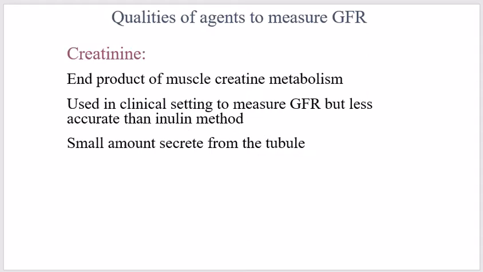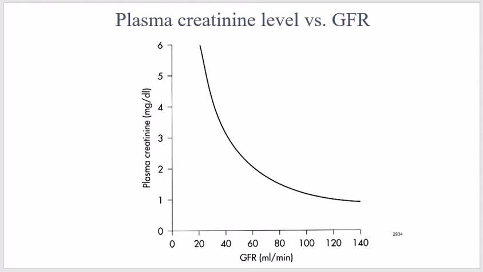You can see here in this graph the approximate relationship between the glomerular filtration rate and the plasma creatinine concentration under steady state condition. If the GFR falls to 1/4 normal, plasma creatinine would increase to about 4 times normal, and a decrease of GFR to 1/8 normal would raise plasma creatinine to 8 times normal.